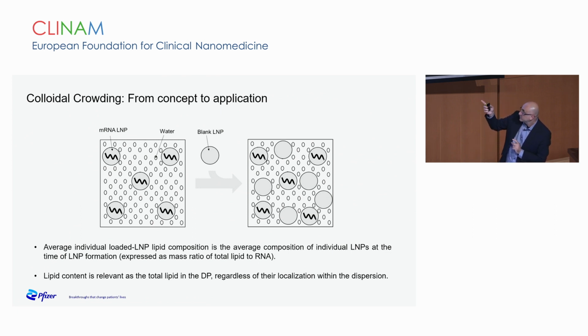What you do here is that the local N to P ratio for the loaded LNPs remains the same, but the global lipid content goes up, while you are bringing the total LNP concentration back to the original that it used to be before the dilution.